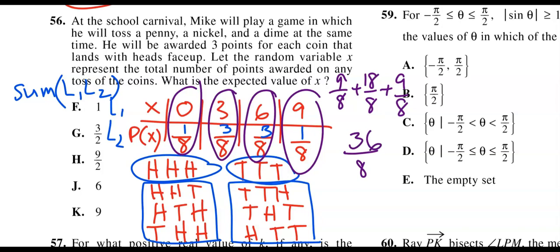Now, which one of those answers is 36 over 8? 36 over 8 is not a whole number. 36 over 8 is 9 over 2. Now, that's 4.5, isn't it?